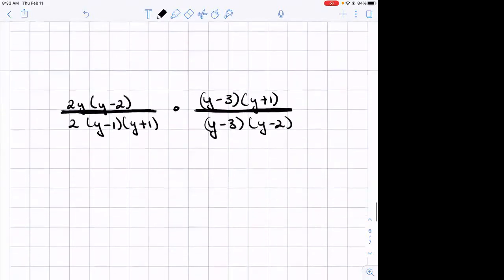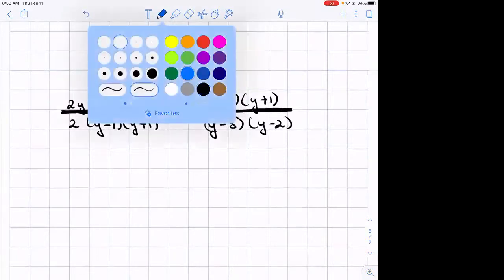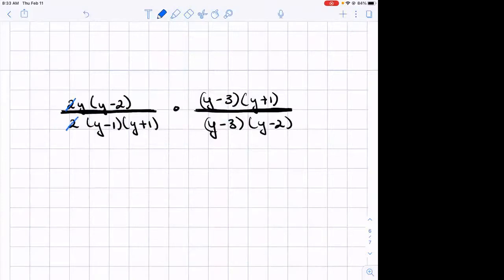Now we'll look for like things and cancel them out. Any top with any bottom. My first cancellation that I see: I have a 2 here that can cancel with a 2 here. I have a y minus 2 in the top here and a y minus 2 in the bottom here. So these will cancel with this.